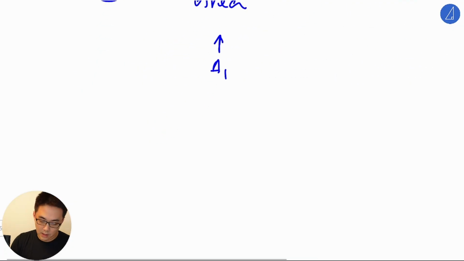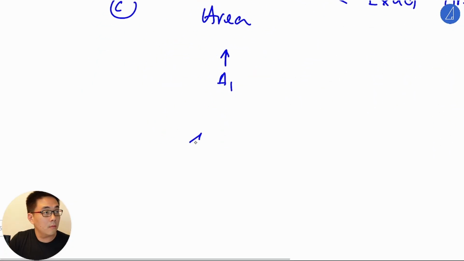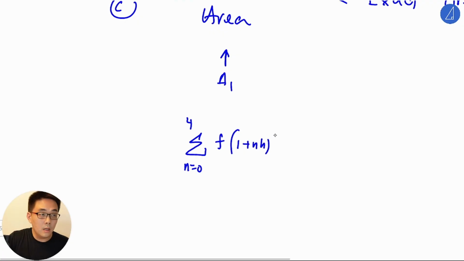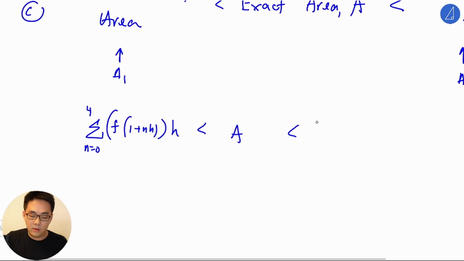So this would be the sum of 4 f(1 plus nh), and then this one will be 5, n equals to 1, f(1 plus nh).